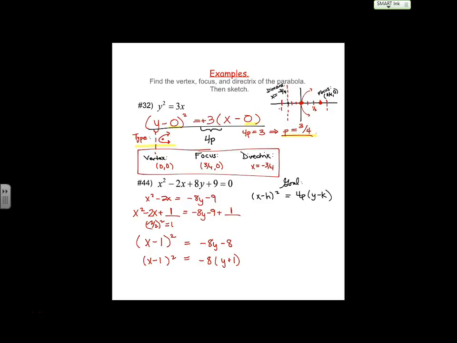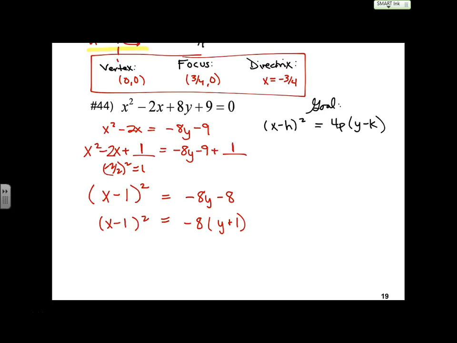Get your clues out. So now we have it in the form that we can treat like the one up here. So what's something that we can fill in from our 3 things that we're supposed to find? H and K we can find right away. The focus and the directrix.